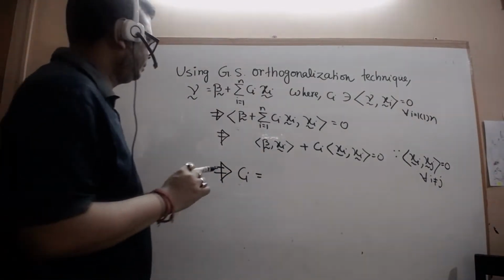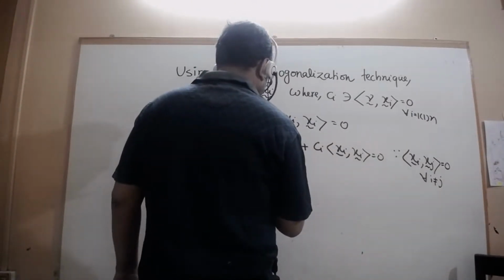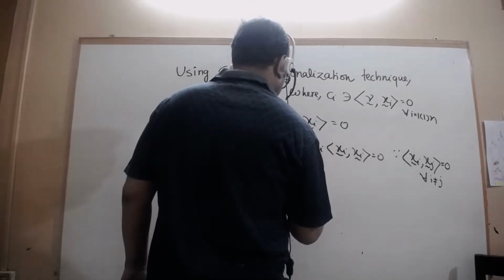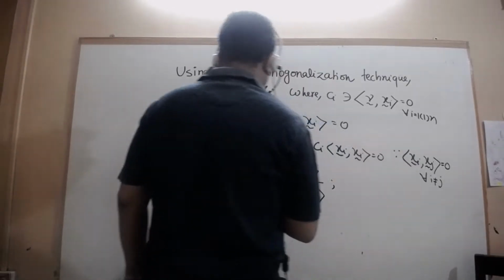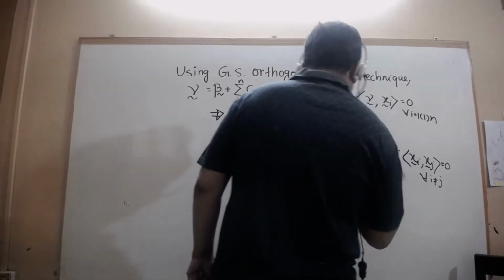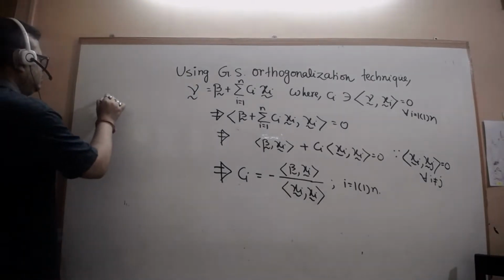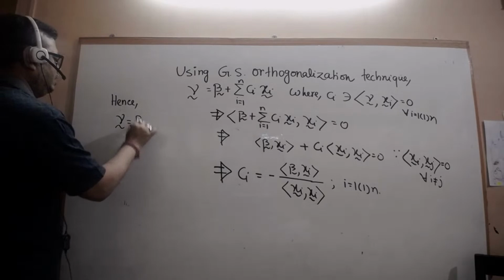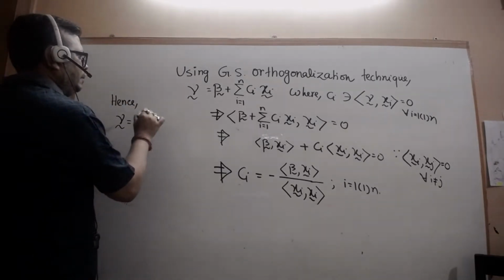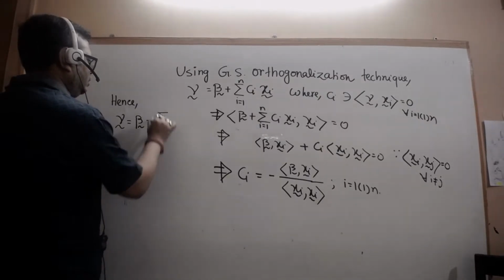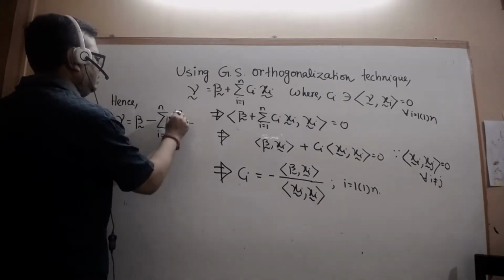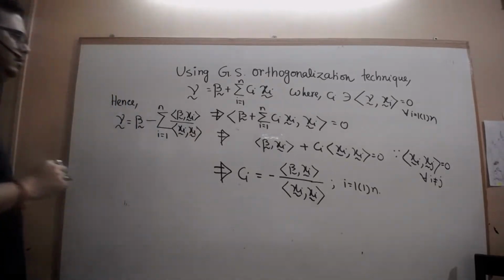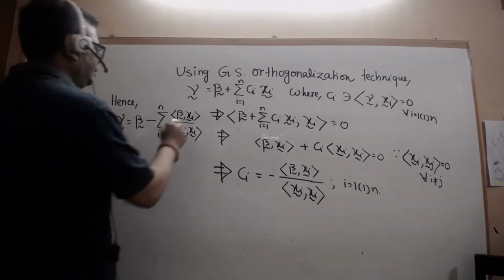Okay, hence gamma curl is equal to beta curl minus the sum over i from 1 to n of the scalar product of beta curl and xi curl into xi curl.